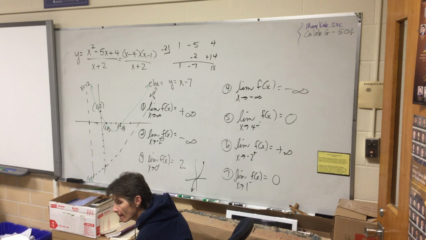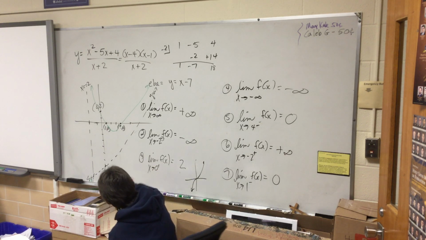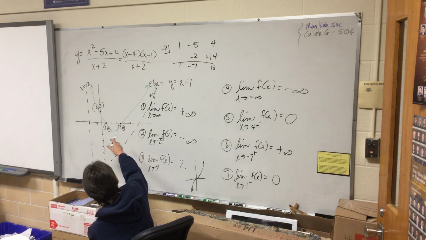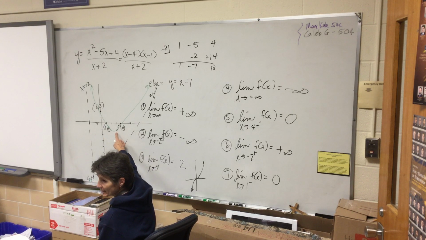Mrs. Ford, I have a question. Uh-huh. So if 0 plus, like let's say that wasn't a point, would that just be like the line in the middle? You can find a limit of any x value, so if I said, what's the limit as x approaches 3, it would be whatever that y coordinate is.